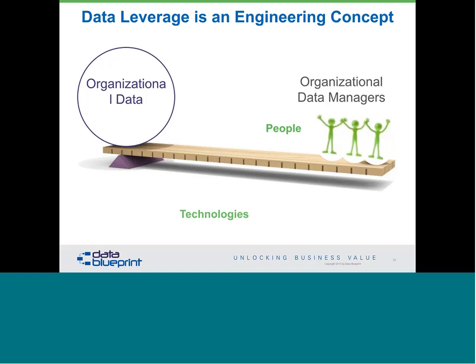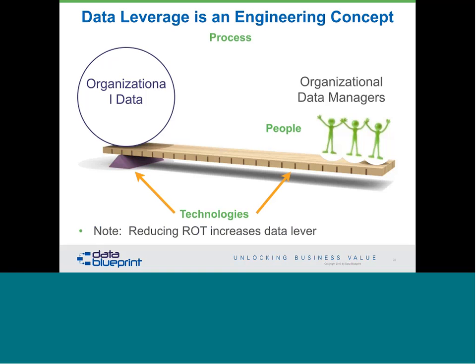We can call the stick a technology, and we apply certain data technologies in here. We also have a fulcrum that we apply to this as well. The fulcrum and the stick together make up the correct mixture of technologies for these people. Of course, we can't pull it all together until we have a process involved in this as well. So the people leverage the fulcrum and the lever and move the organizational data in support of organizational strategic objectives.